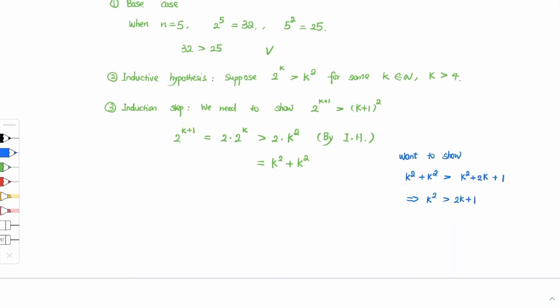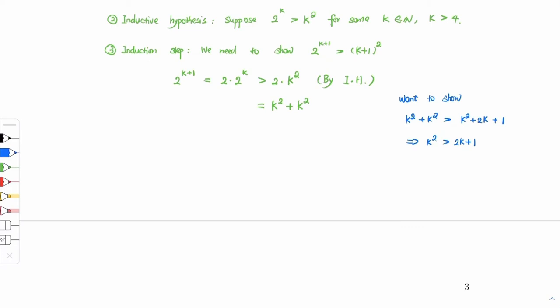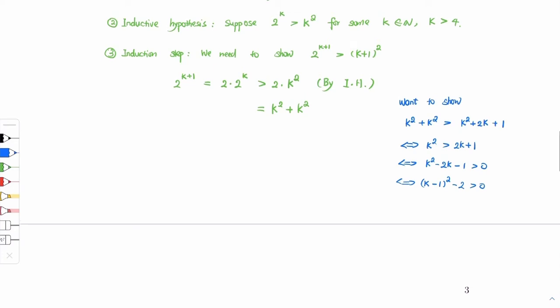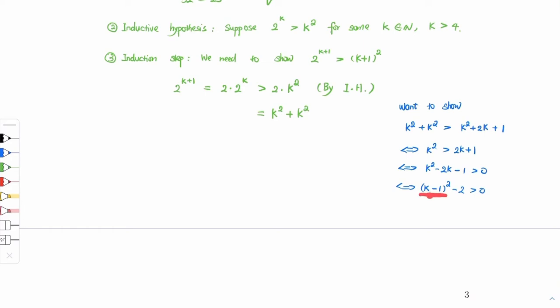So let me just do some rough work. This is the same as k squared minus 2k minus 1 is greater than 0. I can complete the square: k minus 1 squared plus 1 minus 2 is greater than 0. And we know that our k is greater than 4.